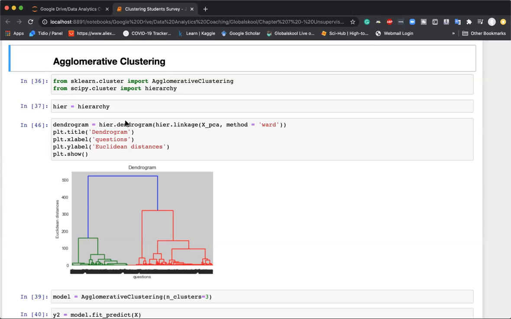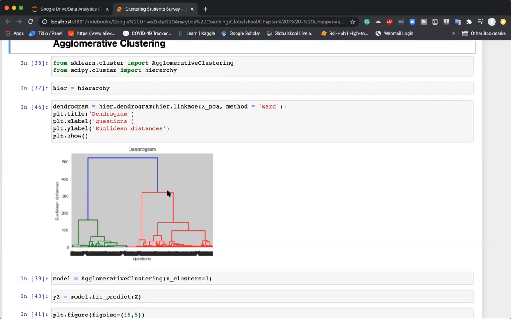Inter-cluster distances will be measured using the Ward method, and I create an object of that in this variable called dendrogram, and then we plot the dendrogram. You see that our hierarchical clustering gives us this plot, and this dendrogram is very easy to interpret.